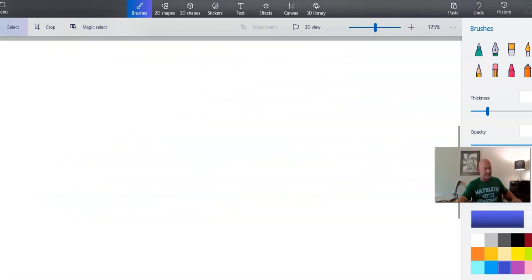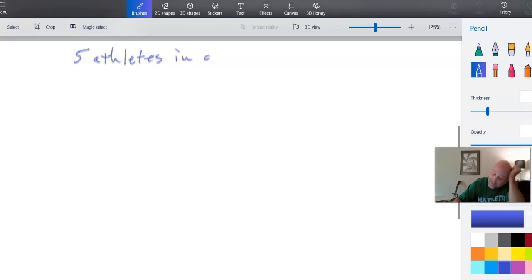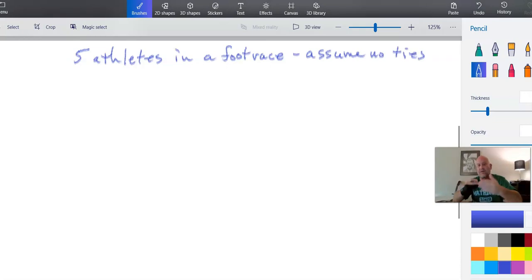Now, let's suppose, oh, here we go again with choosing the wrong thing. You have 5 athletes, or mathletes, in a foot race. Assume no ties, right? So you can always tell who comes in first, second, third, fourth, and fifth.